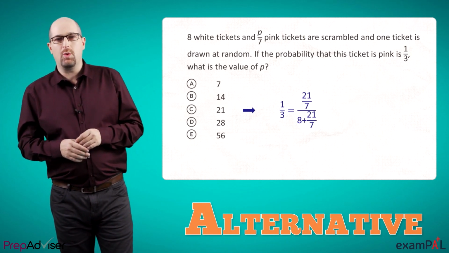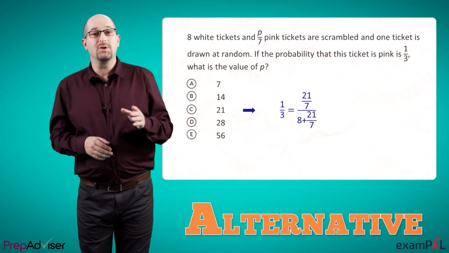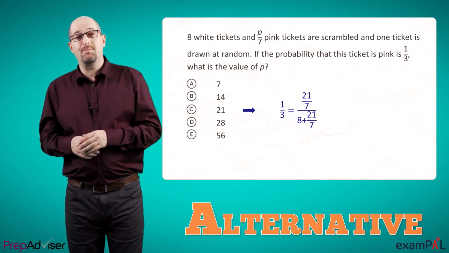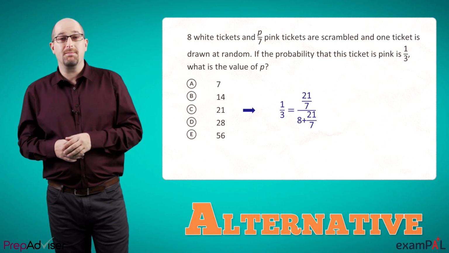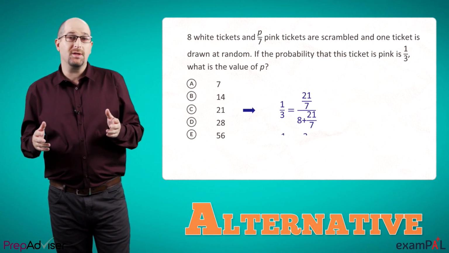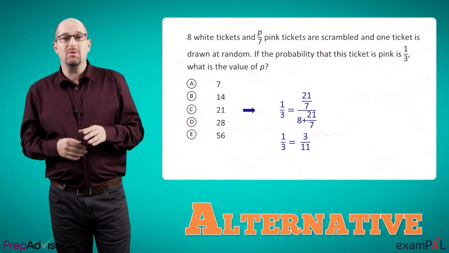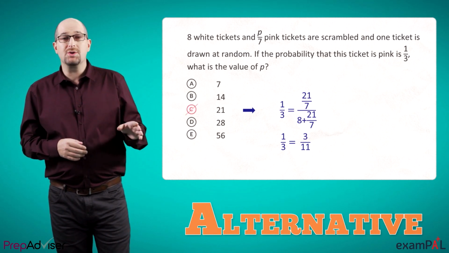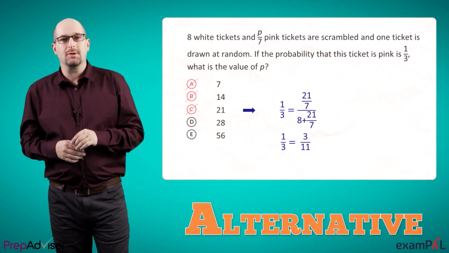If P equals 21, that means there are 21/7 pink tickets, which is 3. So the chance of picking a pink ticket out of all the tickets is 3/(3 plus 8), which equals 3/11, which is not 1/3. This means we can not only eliminate C, but also A and B, since we need an answer which makes P larger.